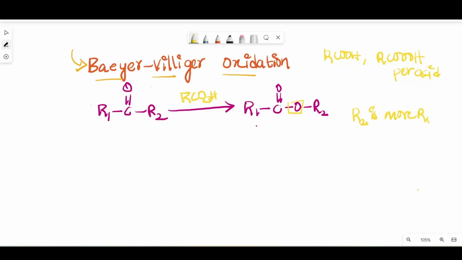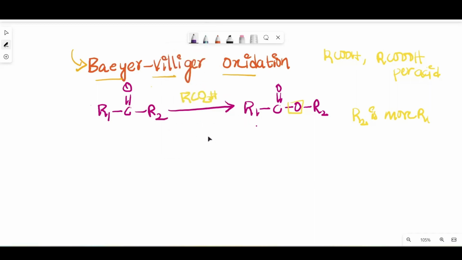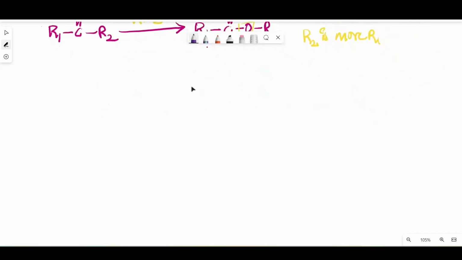By this you can understand that the more electron rich group will migrate. In the mechanism I can explain this in detail. Let's see the mechanism first, then I will explain this thing again.